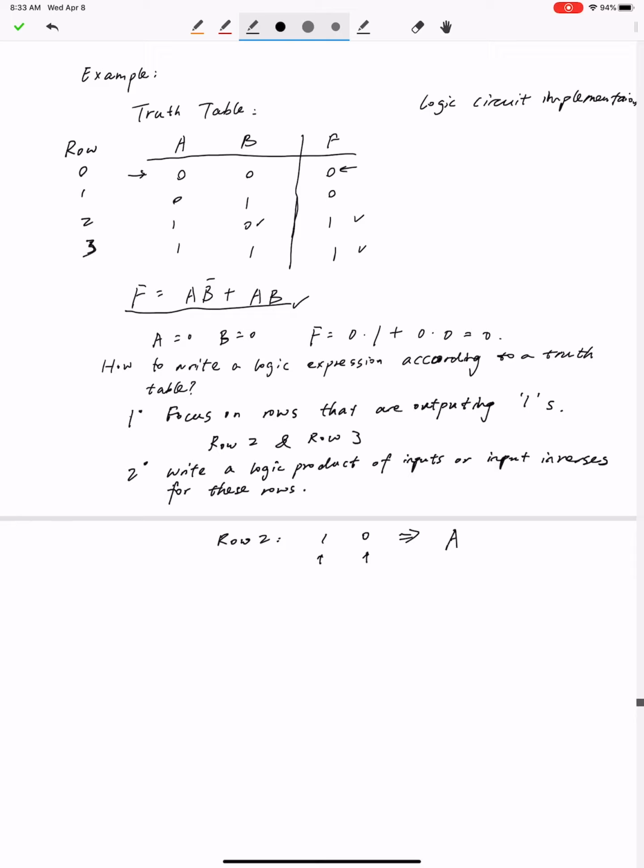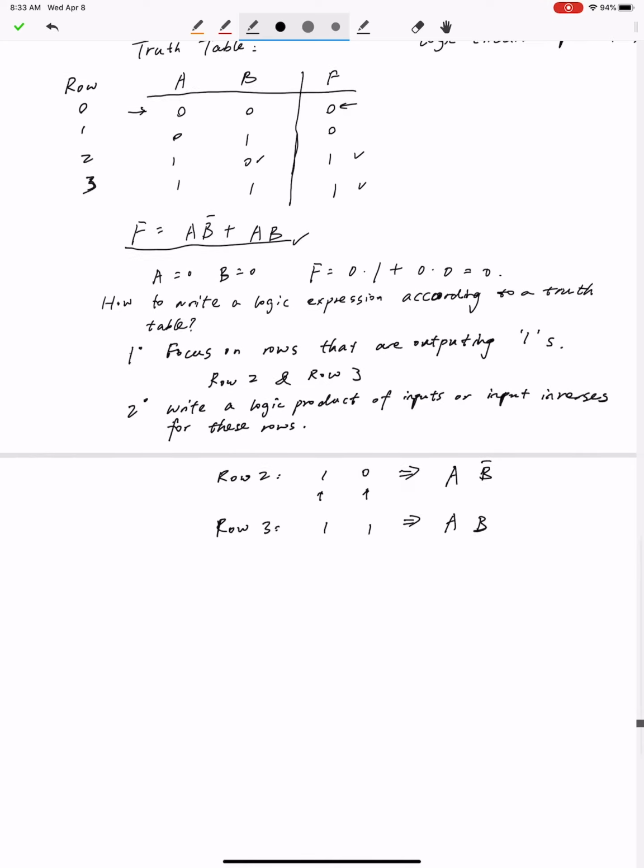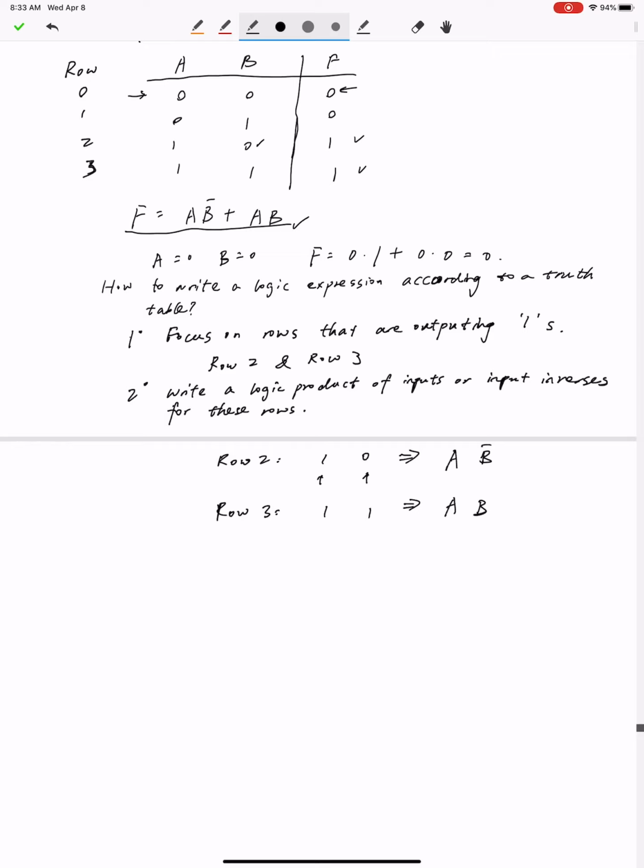If you have 0 on input, then that is the input inverse, which is B bar, right? And for row 3, we have 1, 1, two ones, right? Which means we have two original inputs, A and B, okay? And that's a logical product. So it's A times B bar and A times B.